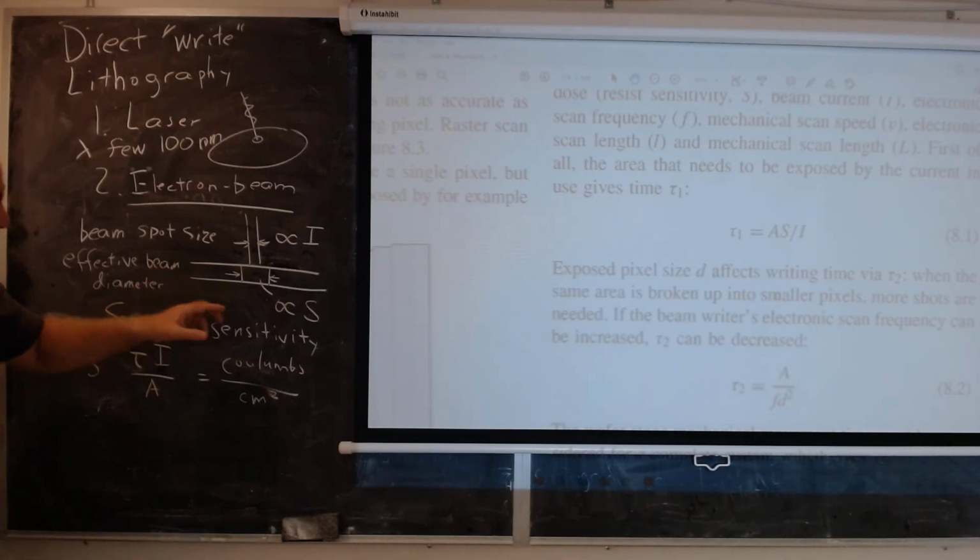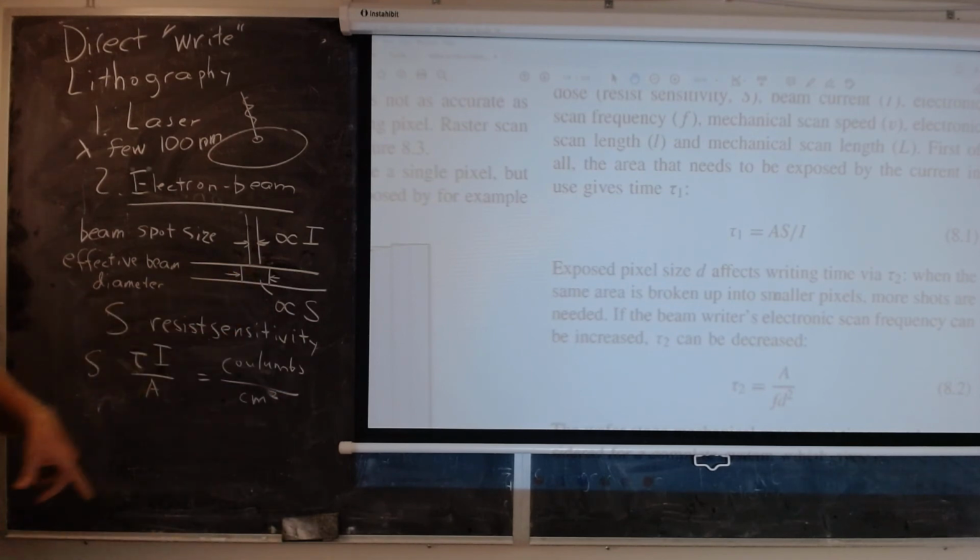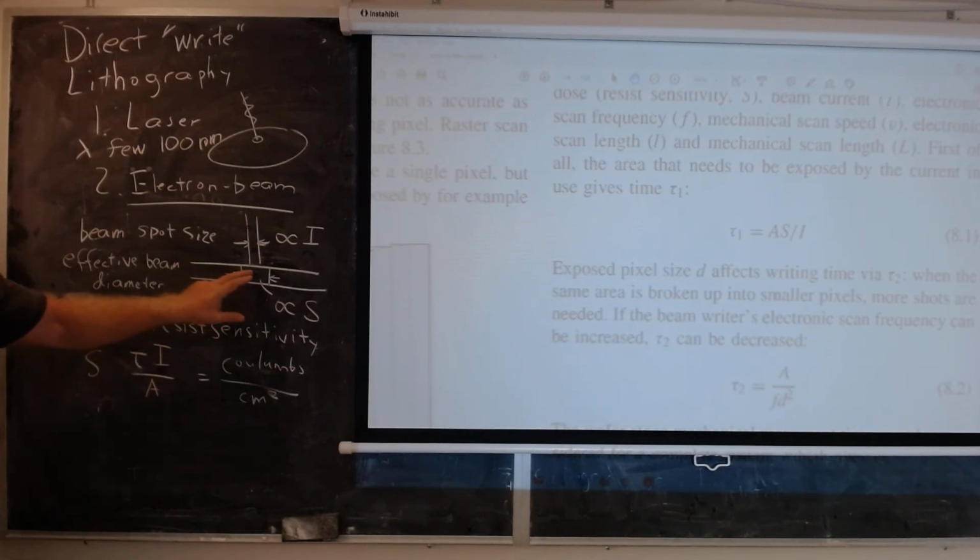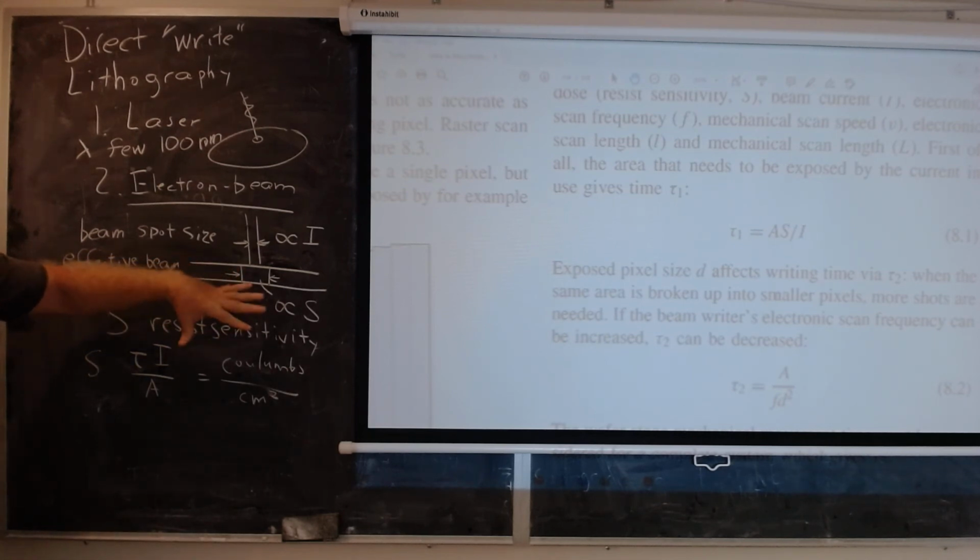So what happens is that if a resist is more sensitive, okay, that means you have a lower dose of electrons required. But what that does is that then with that lower dose, if you think about it, in order for you to get thermal electrons, they have to sort of laterally scatter even more.